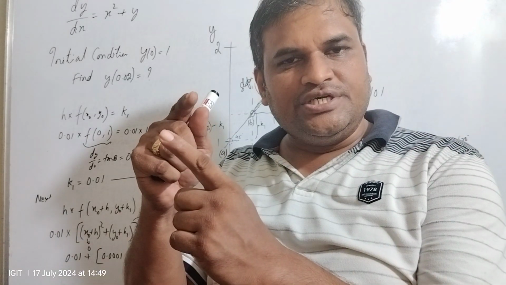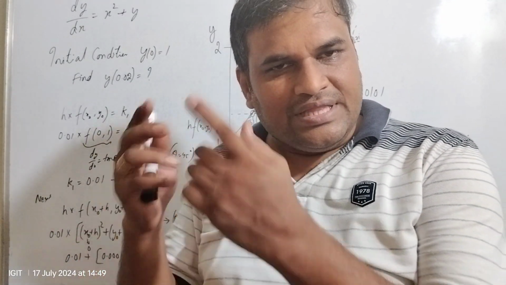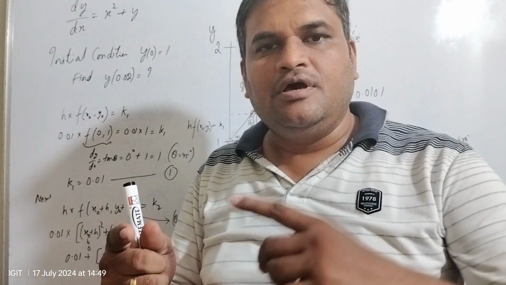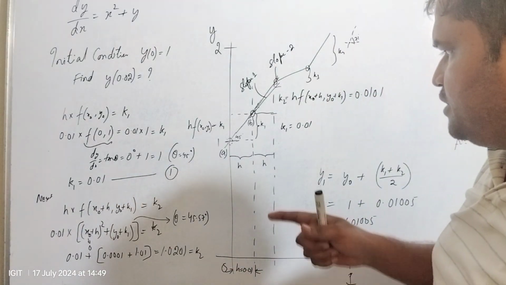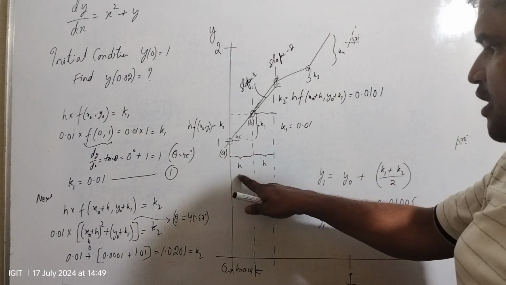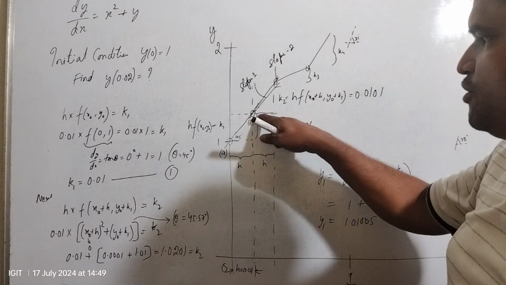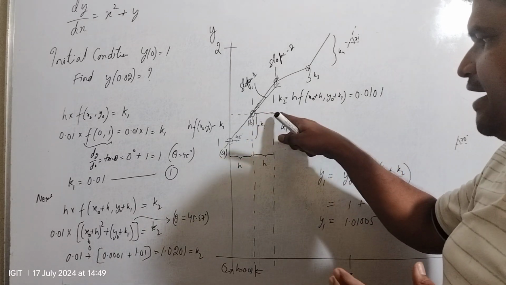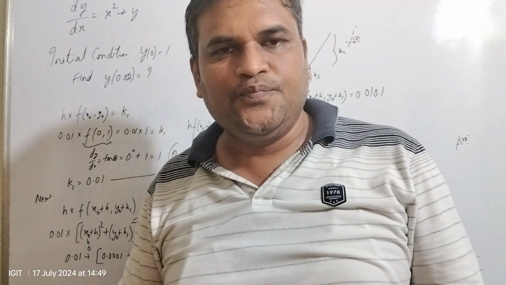At the new position, we can again get a slope. That slope multiplied with h will give us another height, that is called k2. Here, for the small h, the height we get is k1. At the new position, again with a small x-axis distance of h, we get k2.